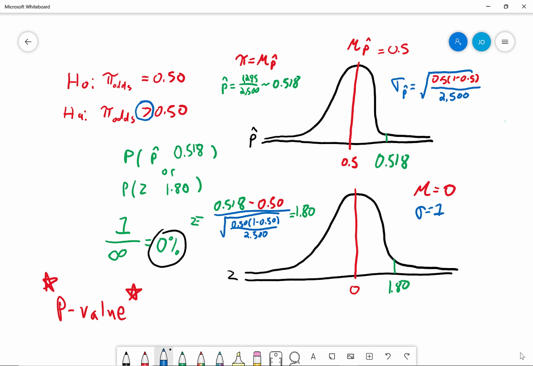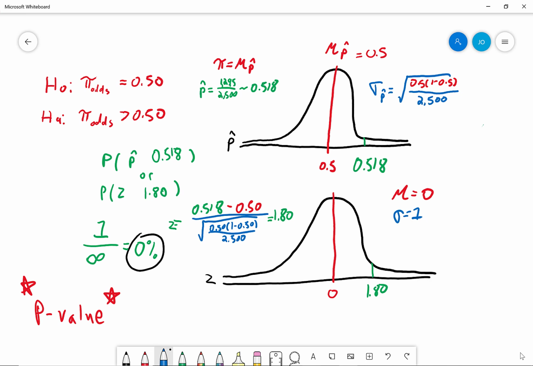Since we're trying to support the claim that the likelihood of rolling an odd number is greater than 50%, we're going to look for the more extreme values, the values that coincide with our HA. We're trying to prove that the proportion of rolling an odd number is greater than 50%.